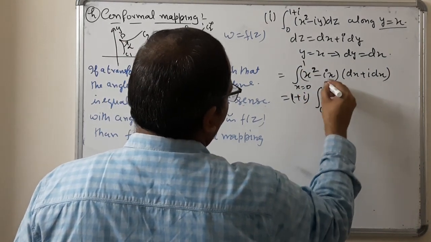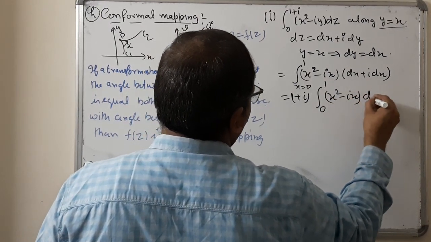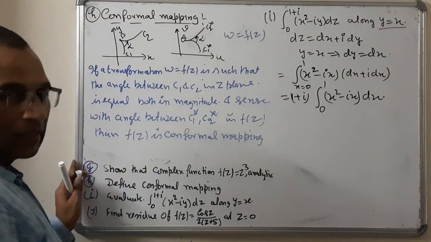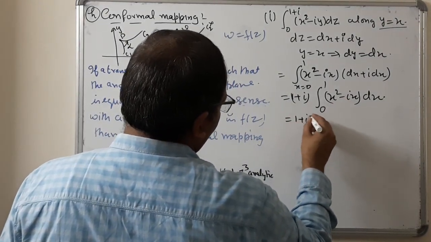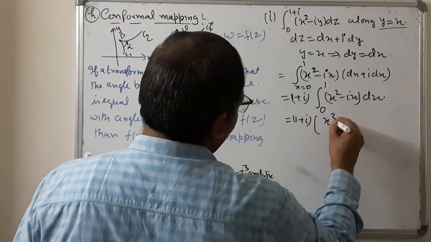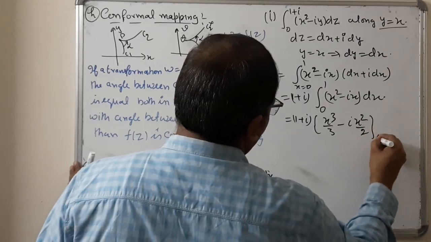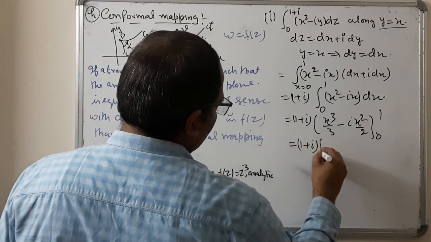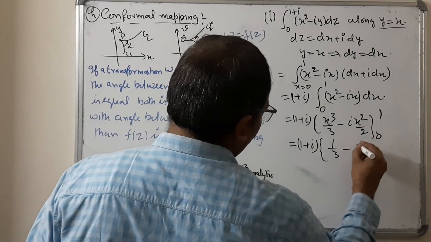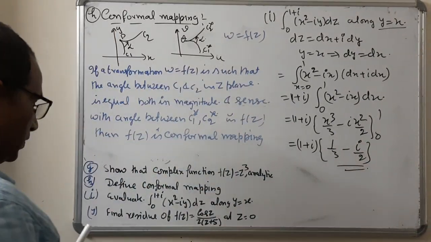So that is 1 plus i times the integral from 0 to 1 of (x square minus ix) dx. Now integrate: 1 plus i times (x cube upon 3 minus i x square upon 2), limit from 0 to 1. That is (1 plus i) times (1 by 3 minus i upon 2). So this is the answer of this part.